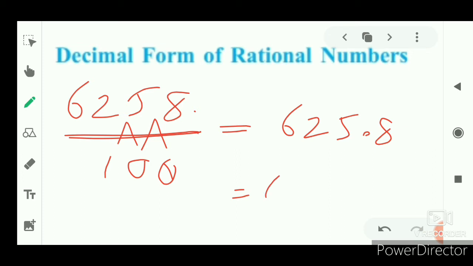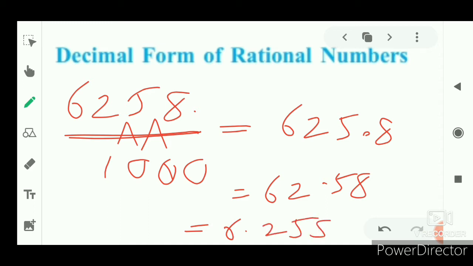So the answer will be 62.58. Okay, now similarly, if we divide the same number by 1000, then what will happen? Yes, the decimal point will go 3 digits backward. Because 1000 contains 3 zeros, so the decimal point will go 3 steps backward. So in this case the answer will be 6.258.